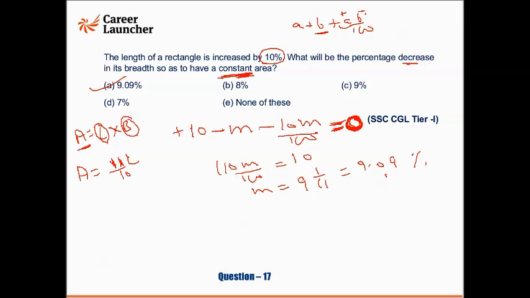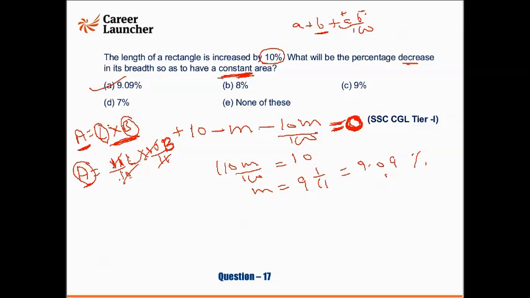Now area is constant, length has become 11 by 10 times, so to make it constant, we have to multiply this breadth by 10 by 11. If we multiply this breadth by 10 by 11, that means the 11 cancels out, 10 cancels out. So again, we'll get L into B as area.